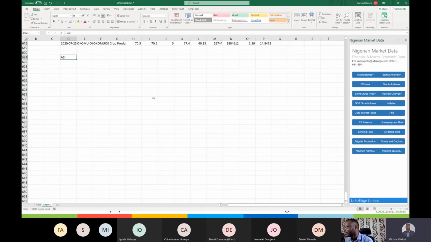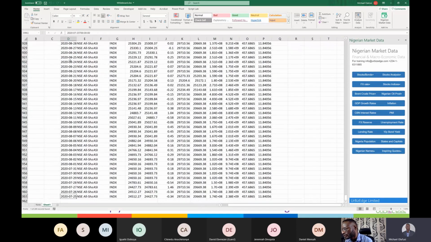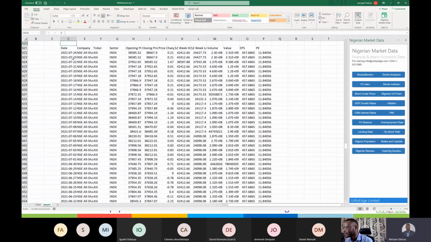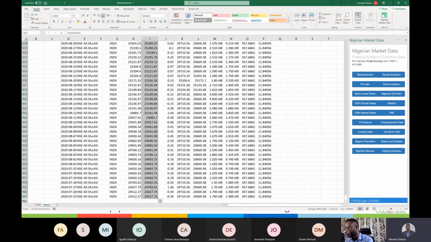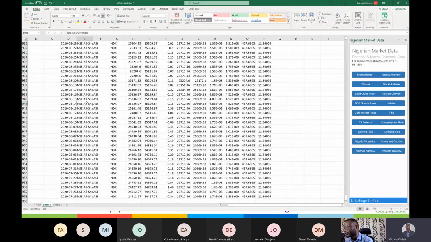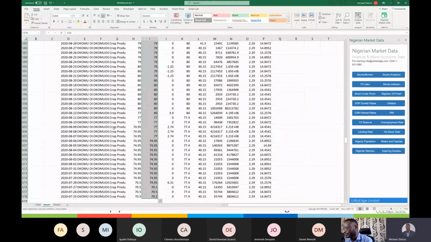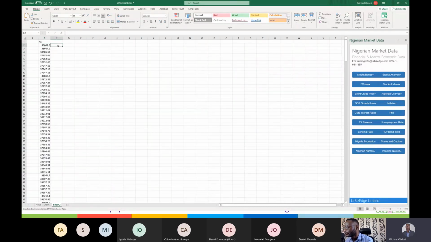I do that one too, 1 year. Good. Now it's these two figures that we are going to put side by side. So this one is the ASI, and this one is the Okomu Oil.